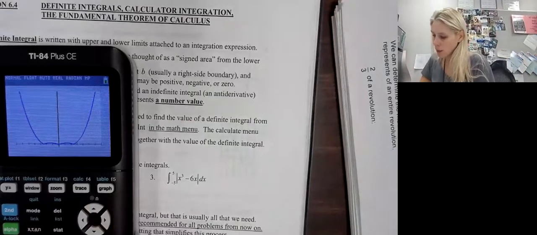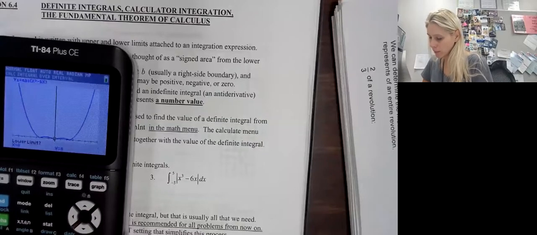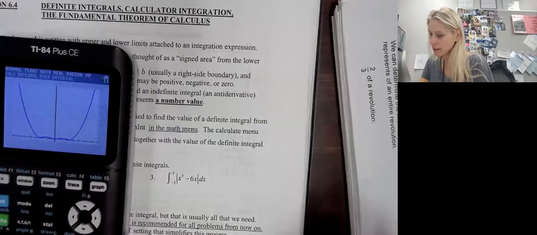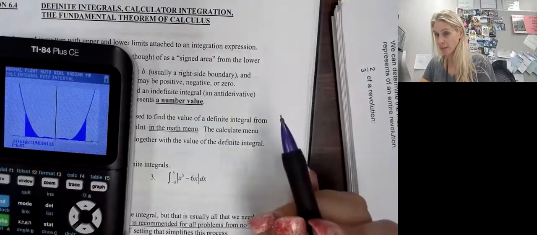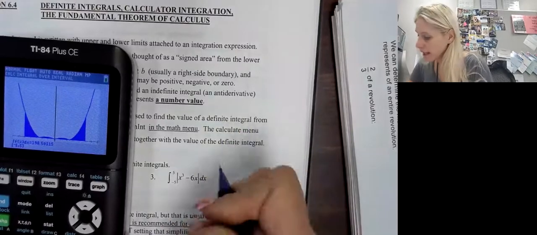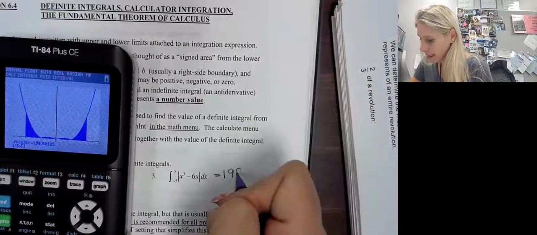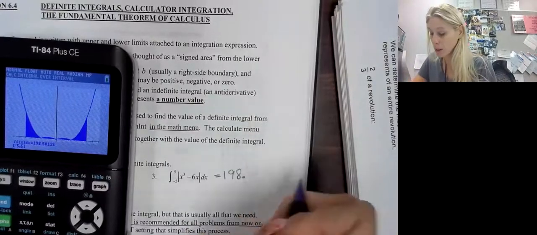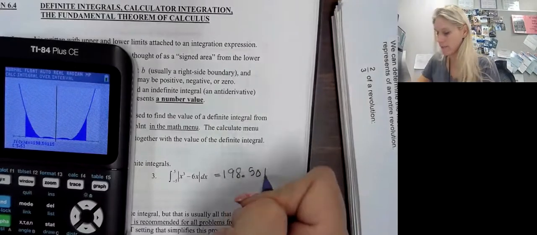Now we are going second calc, and we go down to our integral, and we're going from -5 to 5. And as you can see, it's shading under the curve from -5 to 5 to the x-axis, and we get 198 point, and how many decimal places do we go out? We go out 3, so 501.